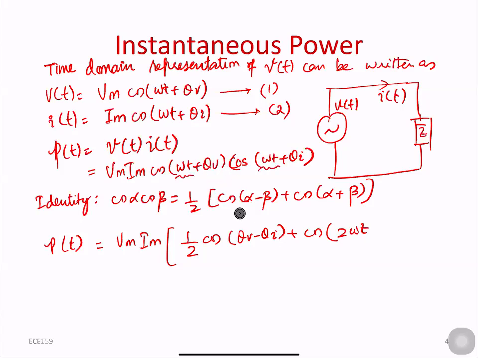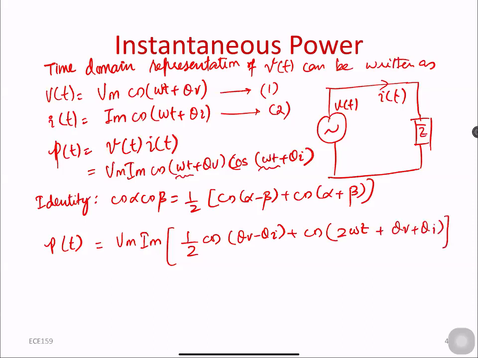So the first thing is alpha minus beta. Alpha for the first case is omega t plus theta v, and beta is this one. So when we subtract, the angular frequency will cancel out, and we will have only theta v minus theta I, which I represented here. When these two angles add up, it is going to be double the angular frequency, 2 omega t plus theta v plus theta I, right?